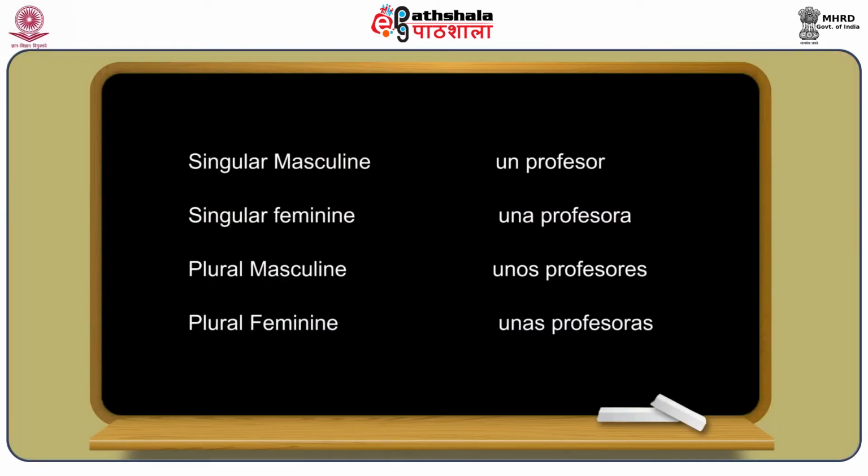Now let's see one example with the indefinite article. For example, as you can see, un profesor. Professor here is masculine, so un, which means a professor or one professor. And una profesora, una because here profesora is feminine. Same way, masculine plural, unos profesores, some professors, and unas profesoras, some female professors.